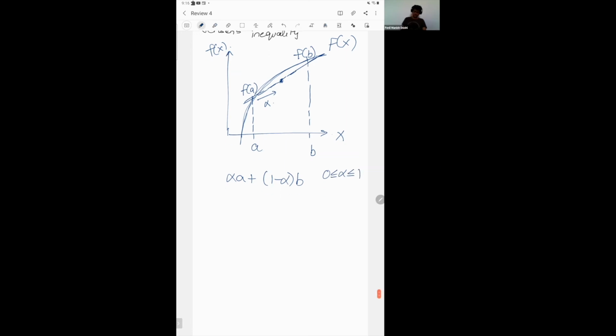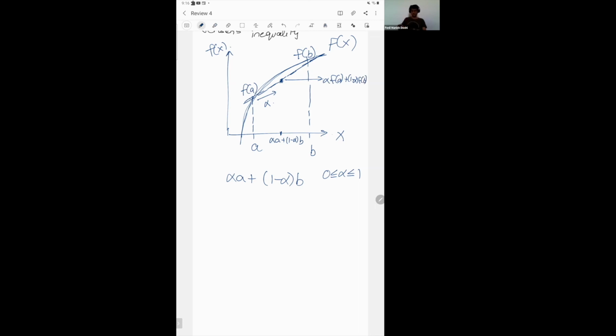We are interpolating between these two points, and the function value there would be alpha times f of a plus 1 minus alpha times f of b.